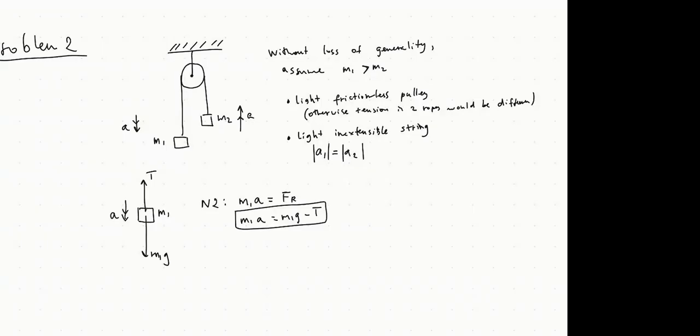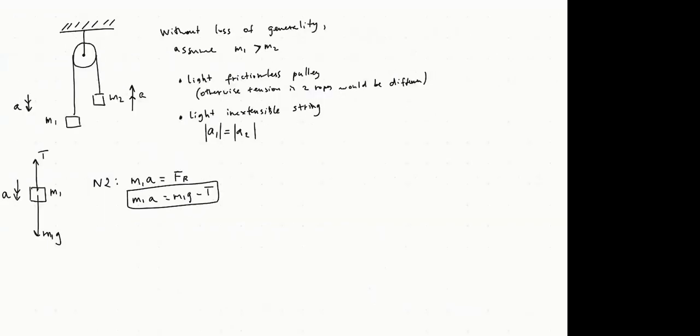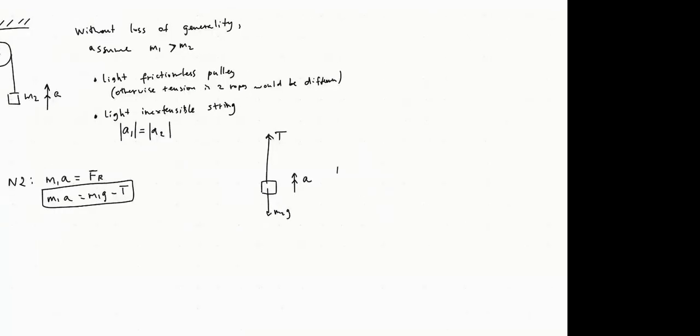Now we look at the second mass. The second mass has two forces, m2g and T going up. This time T is greater because we know that it's accelerating upwards. So we write Newton's second law: mass 2 times acceleration is equal to tension minus m2g.